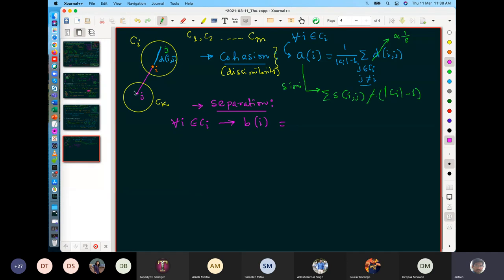The bi is the sum of the distances from i to j, where j belongs to cluster Ck, divided by the number of points in Ck. This is the average or mean separation index for a point i with respect to one cluster Ck, not all the others. Till this point is clear? Yes, sir.